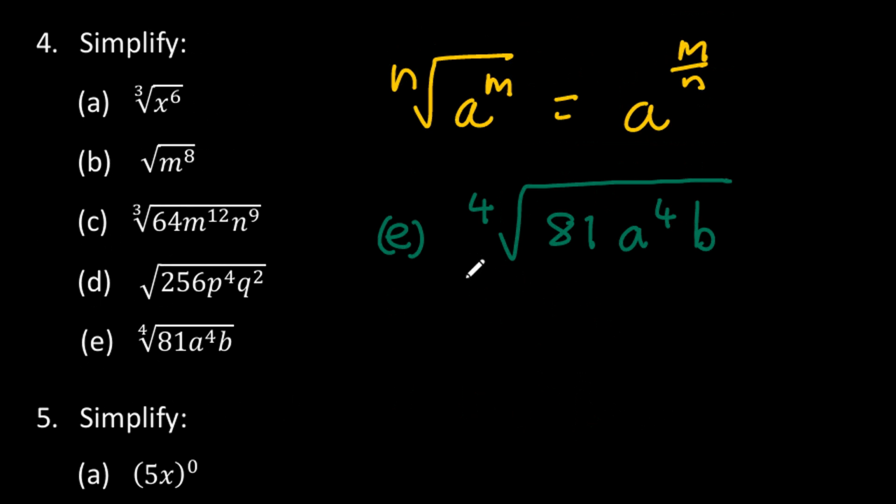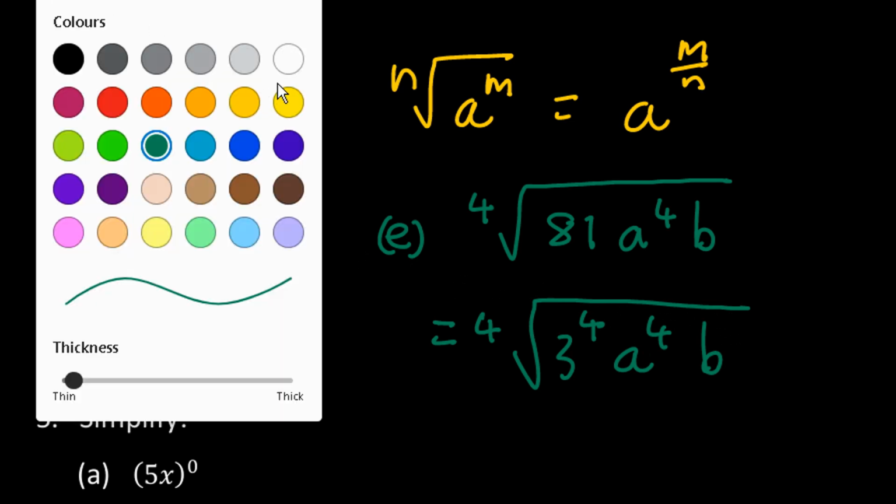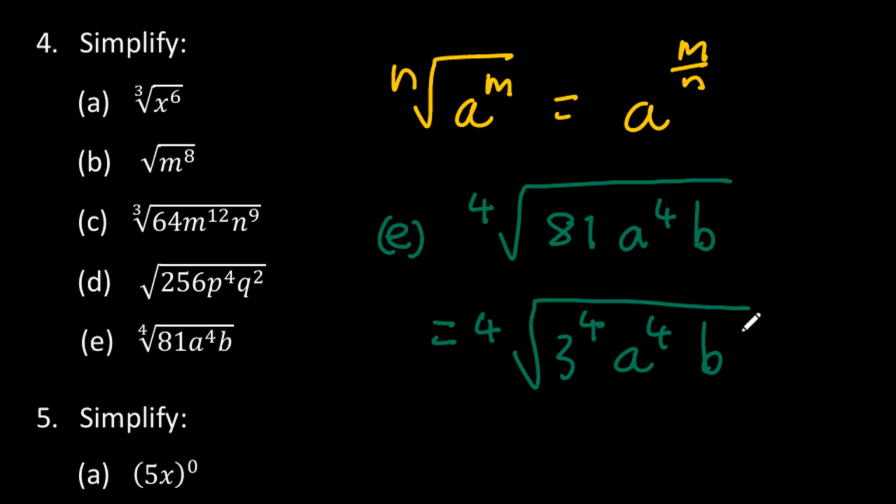Let's look at e. So we have the fourth root of 81a to the 4, b. We're first going to find prime factors of 81. We know that 81 can be written as 3 to the power 4. Now, important to note, the b has a power of 1 that we don't write.